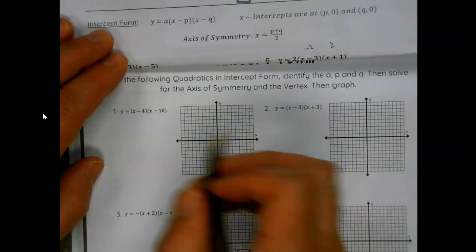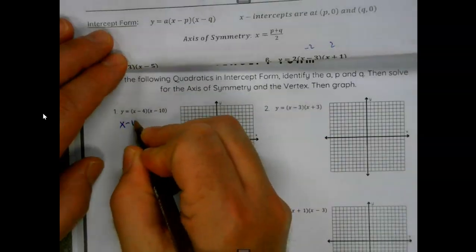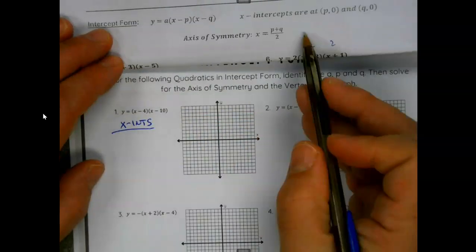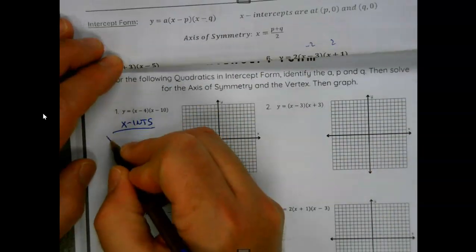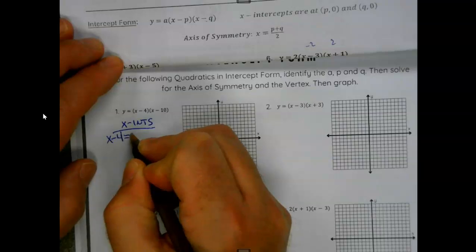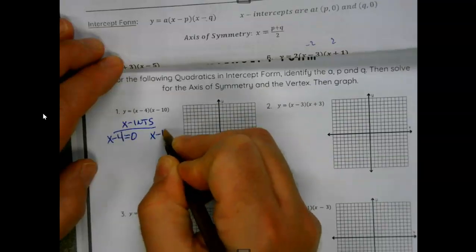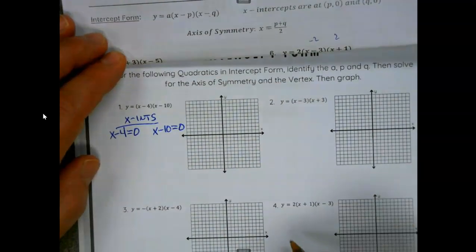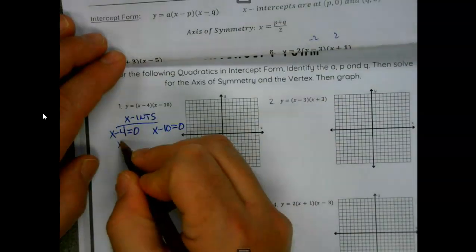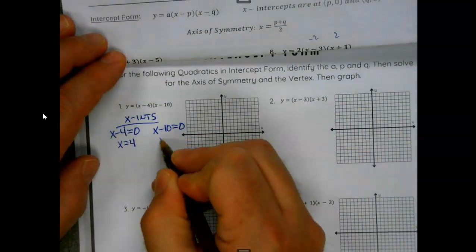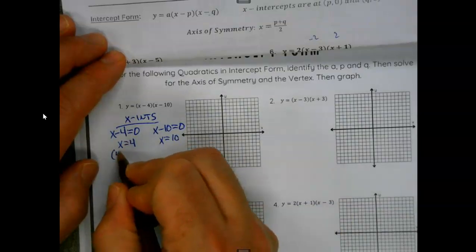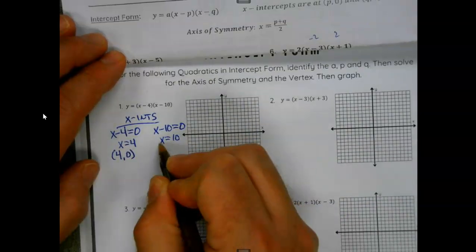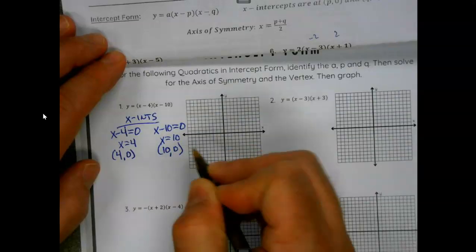Okay, I want to find my x-intercepts. So to do that, I'm going to set each of my sets of parentheses here equal to 0. Because those two values that I find are going to be 2 of the 3 points that I need to make my graph.